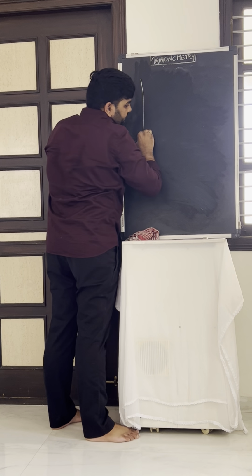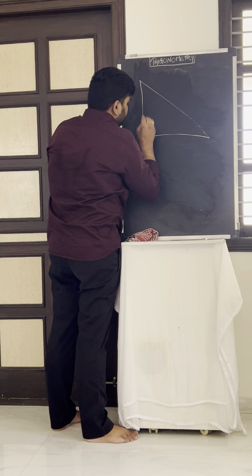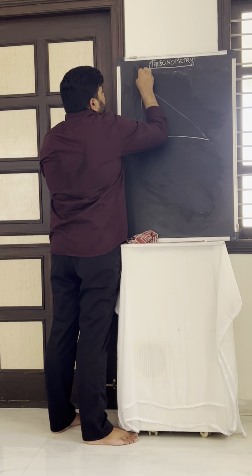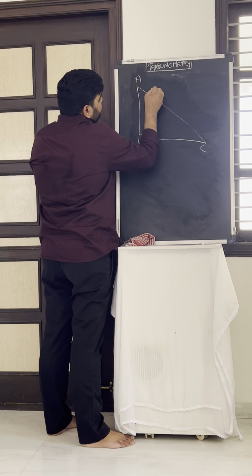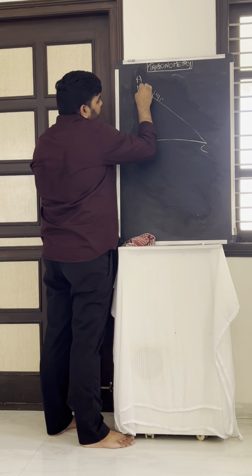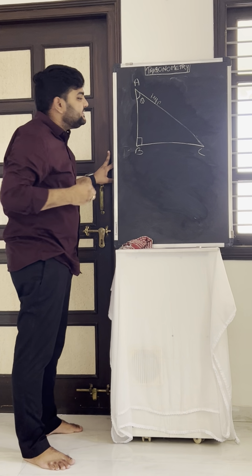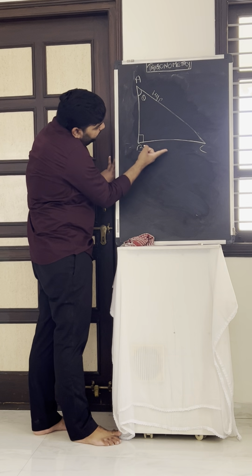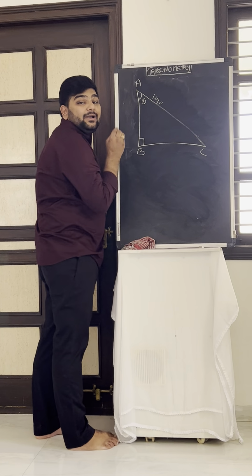what if my theta changes? Suppose now my theta is this. The side which is opposite to the angle is called the opposite side.